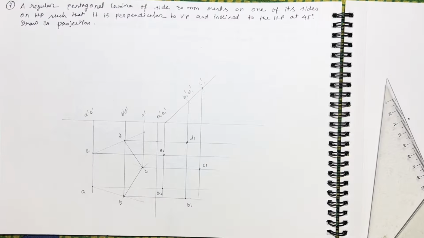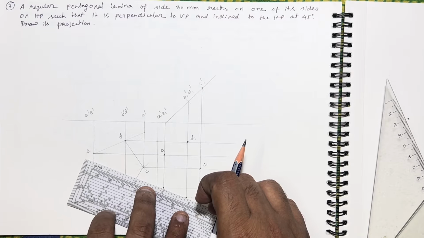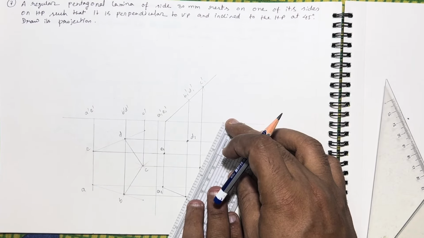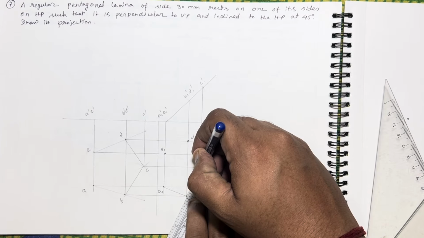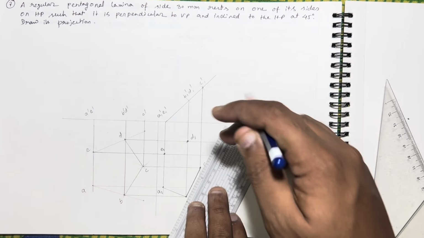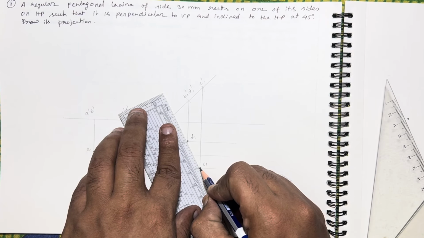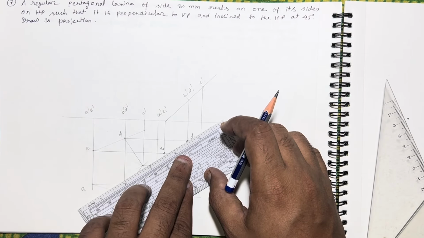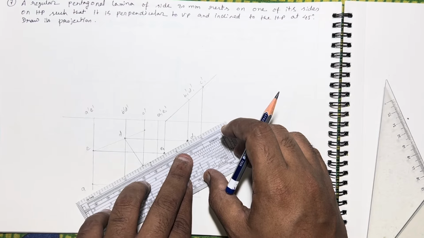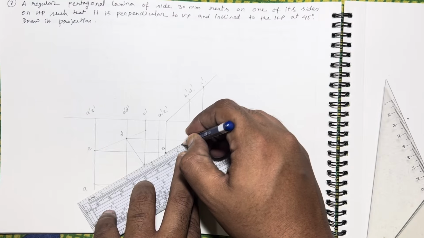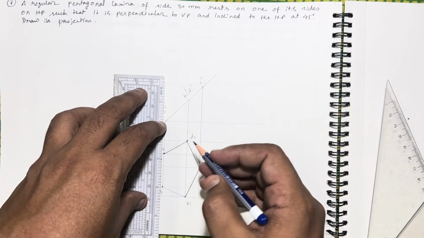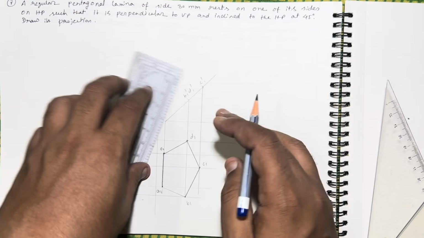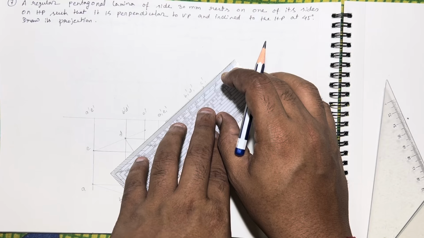So you can get the inclined pentagon. So darken the pentagon because it is your top view, and this is your front view.